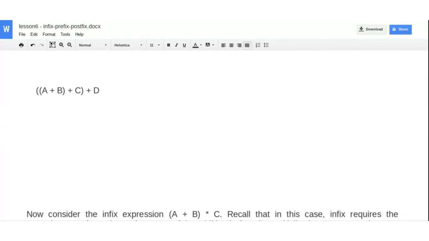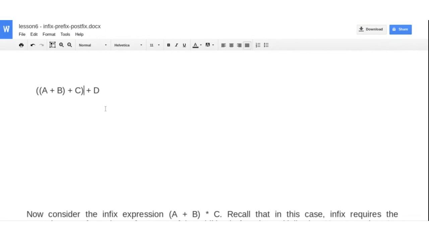When we come to the other plus here, its left operand is everything to its left after you have done all the operations there. Whatever you get as the result becomes the left operand for this plus, and the right operand, of course, is the D. So we enclose the operator with its operands.